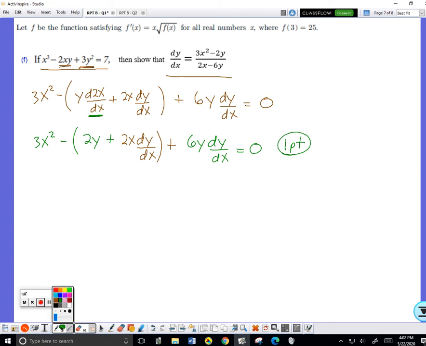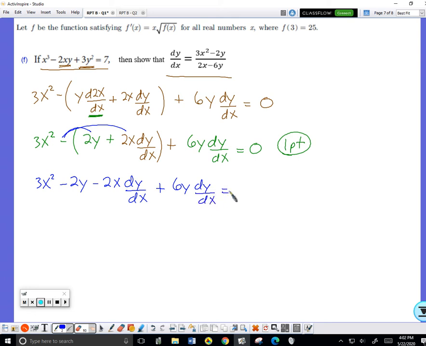Keep going. So we have 3x squared. Distribute the negative. So negative 2y minus 2x dy dx plus 6y dy dx equals 0. So we're going to keep these two things on this side, move these two to the other side.